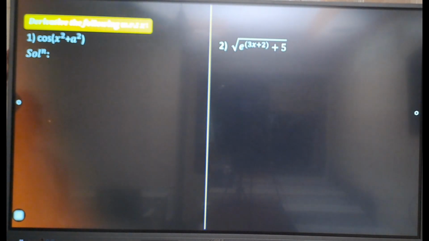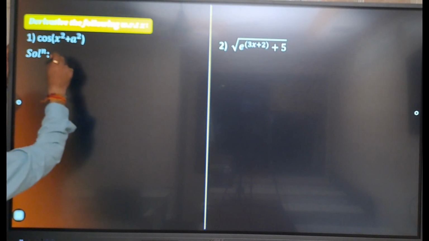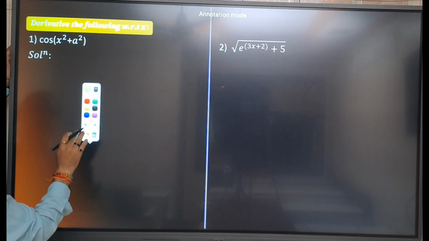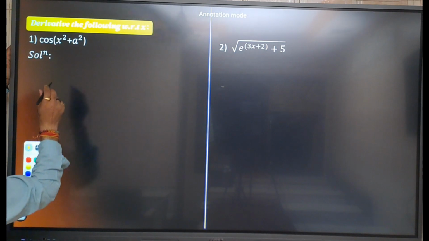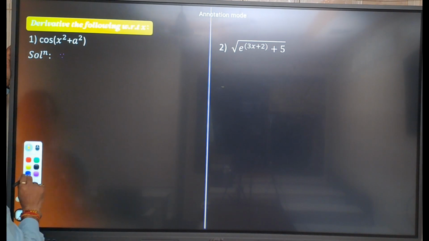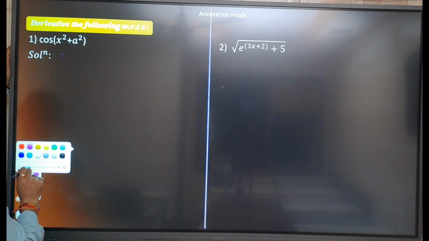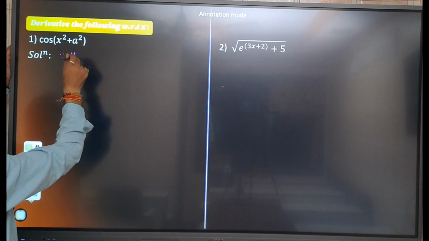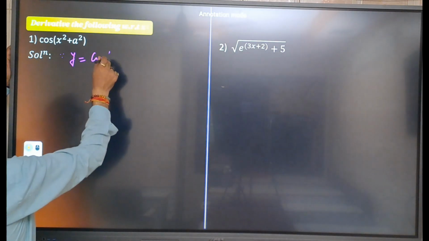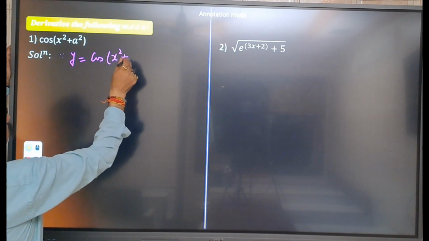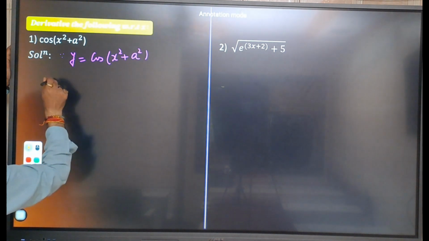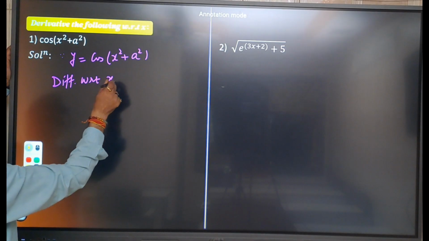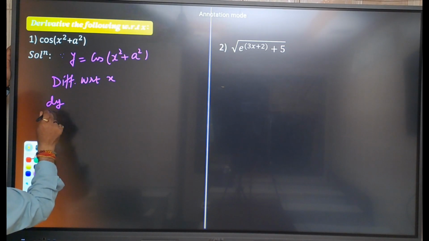Y is what? Cos of (x square plus a square). Differentiating with respect to x, dy by dx is what?